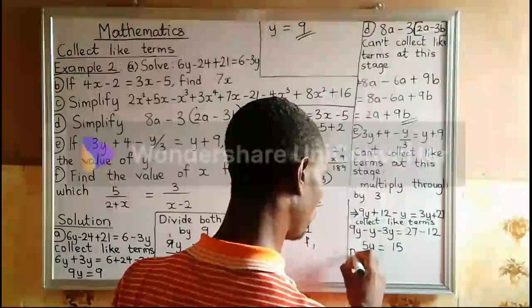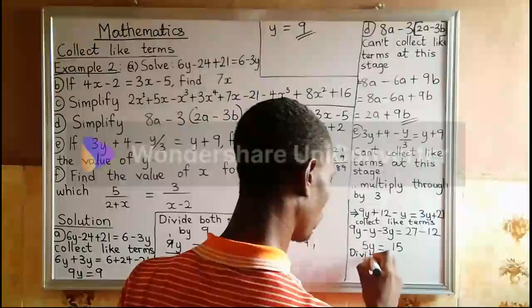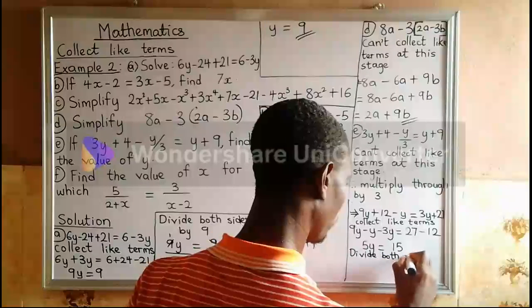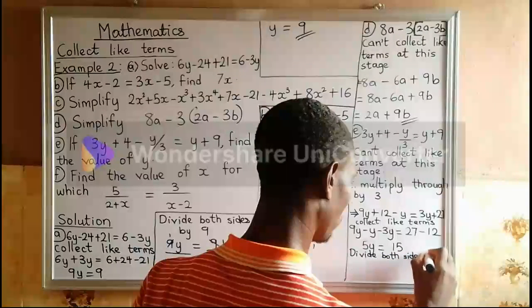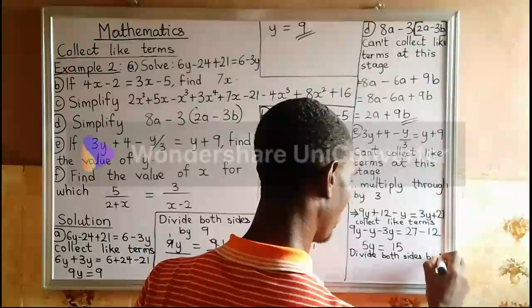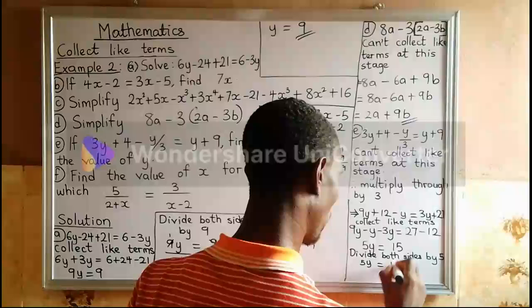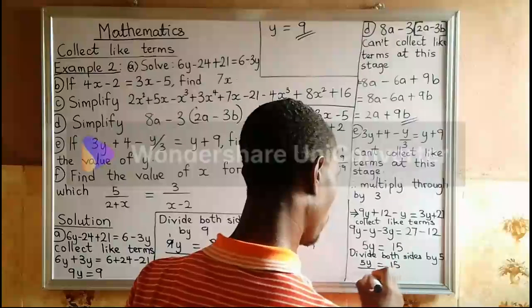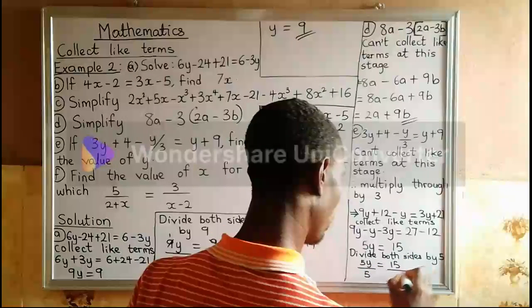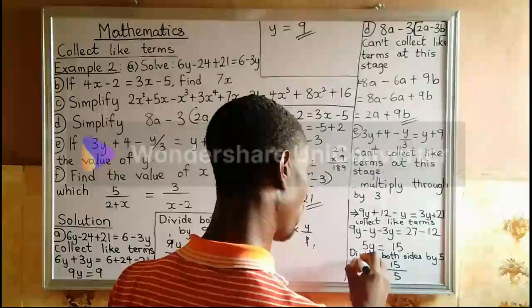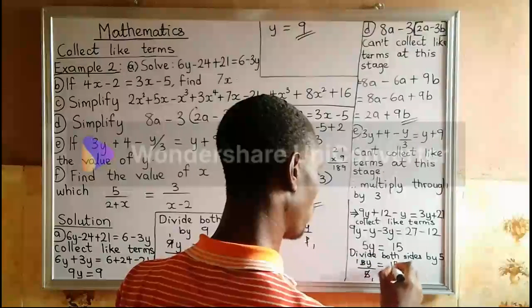So divide both sides by 5. So the first side we have 5y and the second side we have 15. So the first side divided by 5, the second side also divided by 5. So 5 here 1, 5 here 1, 5 in 15 is 3.